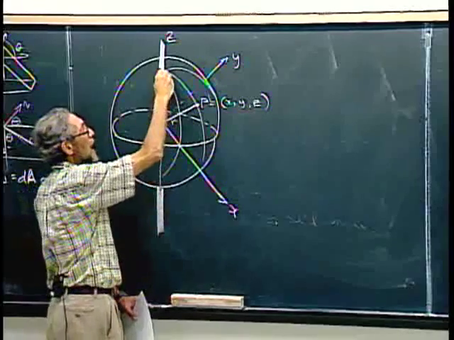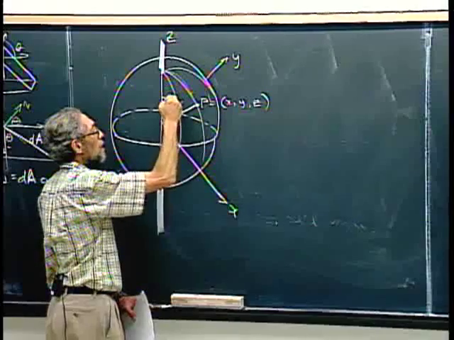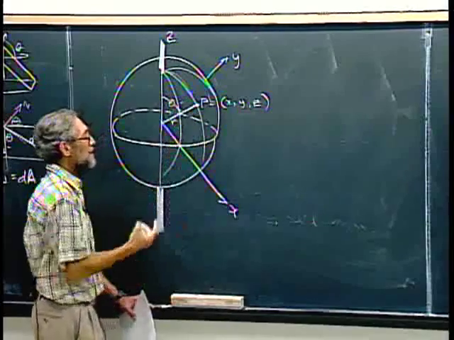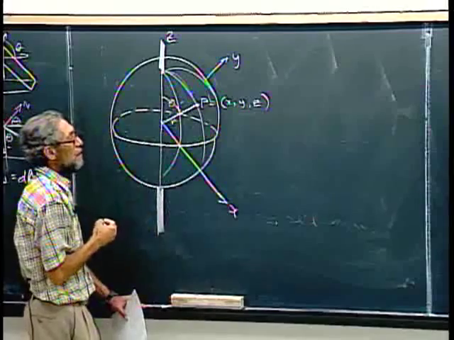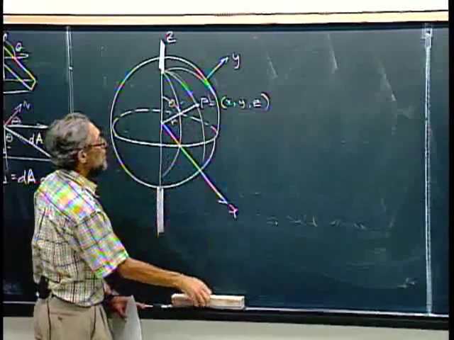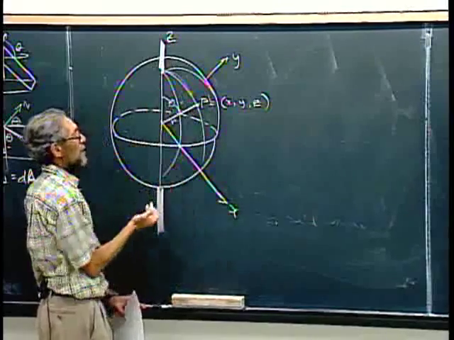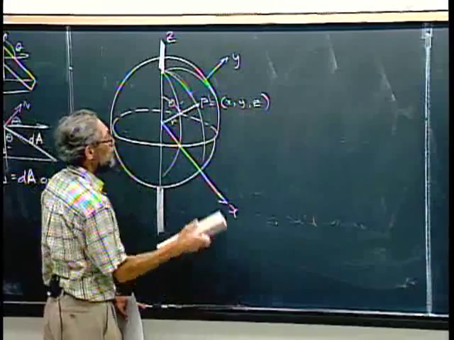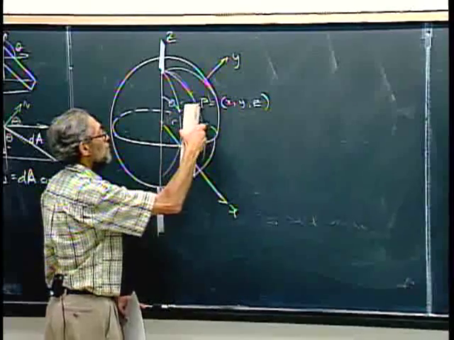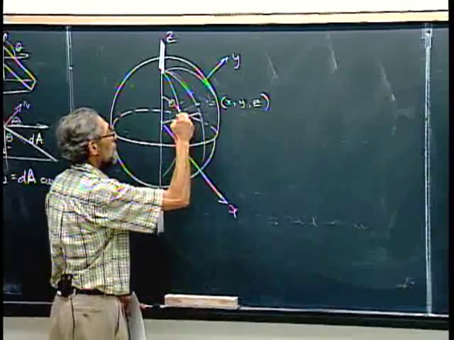And then the angle away from the North Pole is called theta. And then the angle around the equator, right? The fact that this thing went through this x-axis plane is purely coincidental. Let me make it so it doesn't, because it's sort of confusing if it does. Let's say here is the point here.